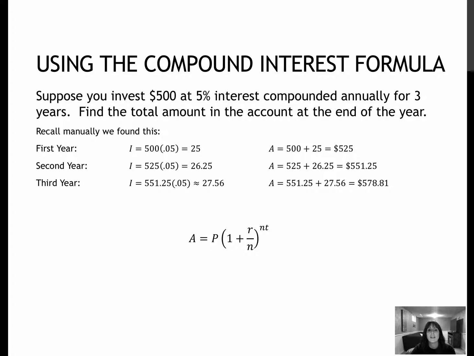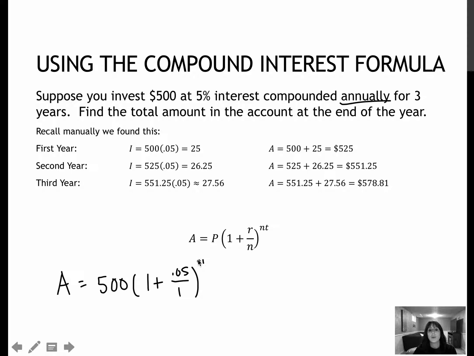Now, we've already done this question, but we did this the long way, finding the interest at the end of each year and adding it in. So let's make sure that this formula actually does what it's supposed to. So if I have accumulated amount equals 500, which is my principal, times 1 plus my rate of 5%, divided by N. Compounded annually means N is 1.